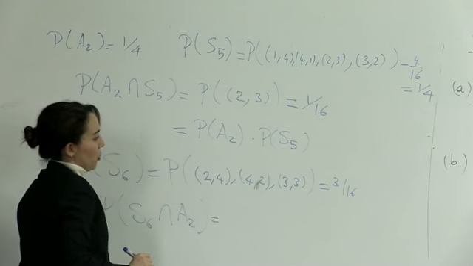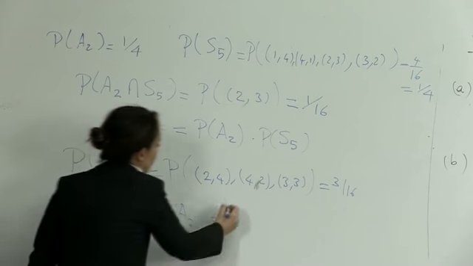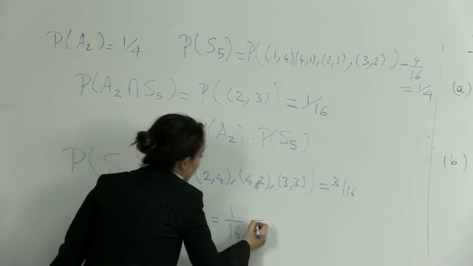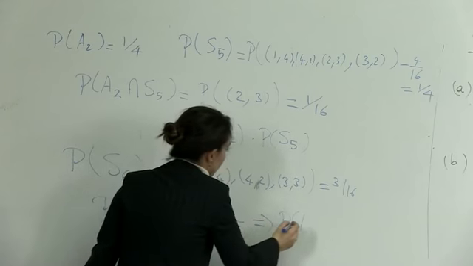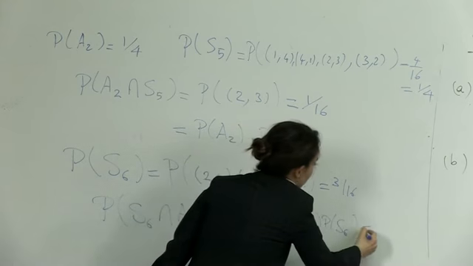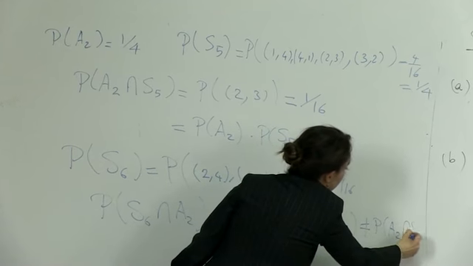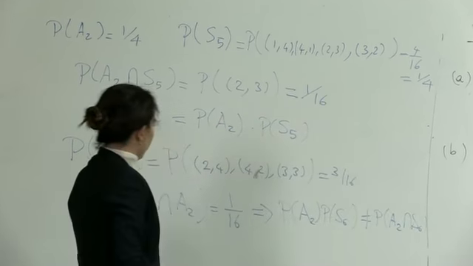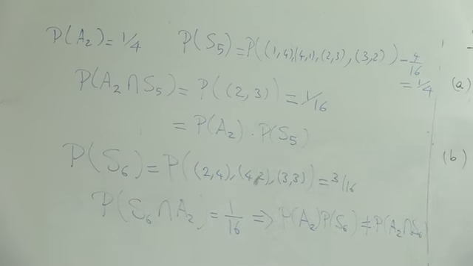That's 1/16. So P of A2 times P of S6 is different from P of A2 intersection S6. Okay? So A2 and S6 are dependent.